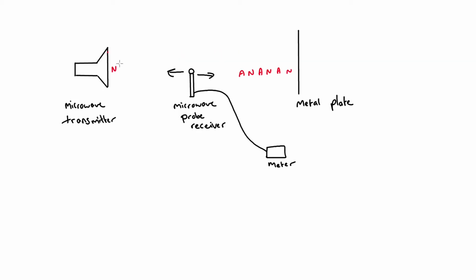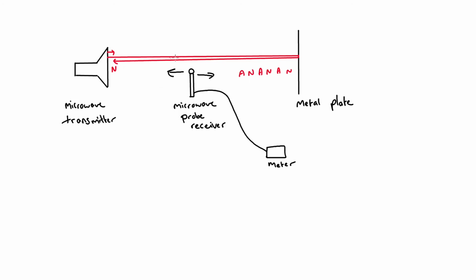If we think about one of the nodes formed much closer to the transmitter, the incident waves, the waves from the transmitter, have travelled very little distance at all. The reflected wave has had to travel all the way to the metal plate and all the way back again.